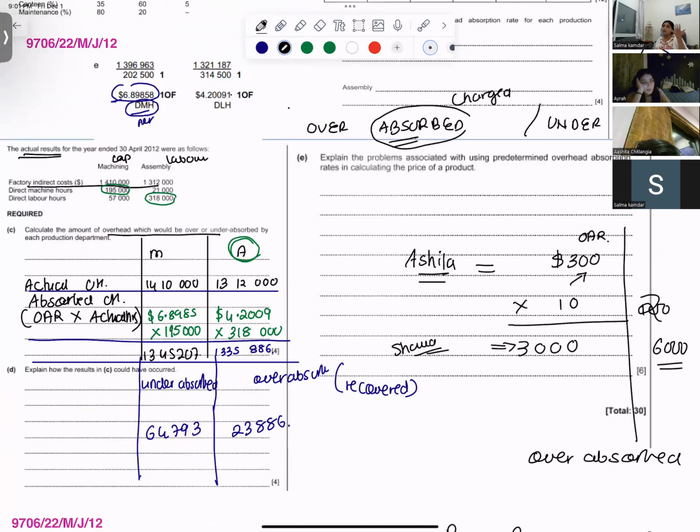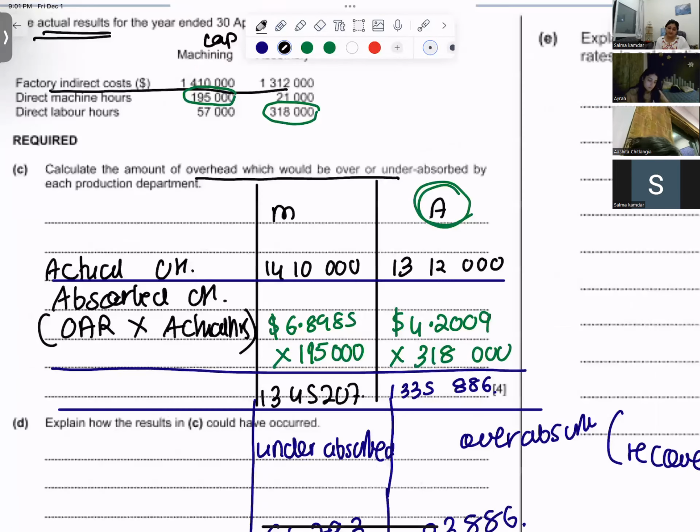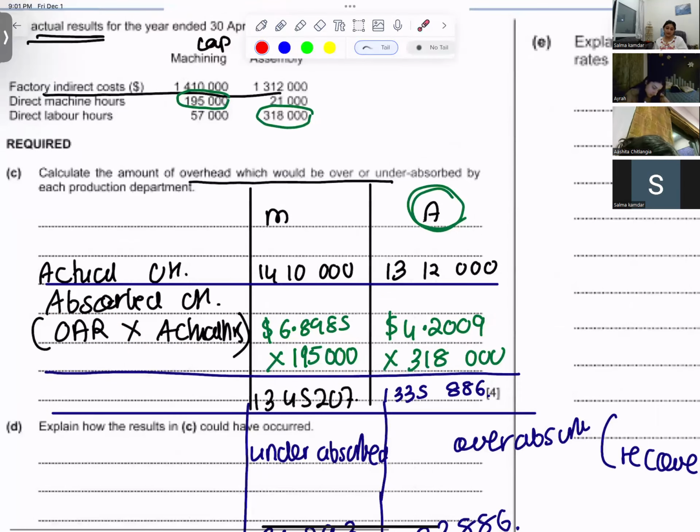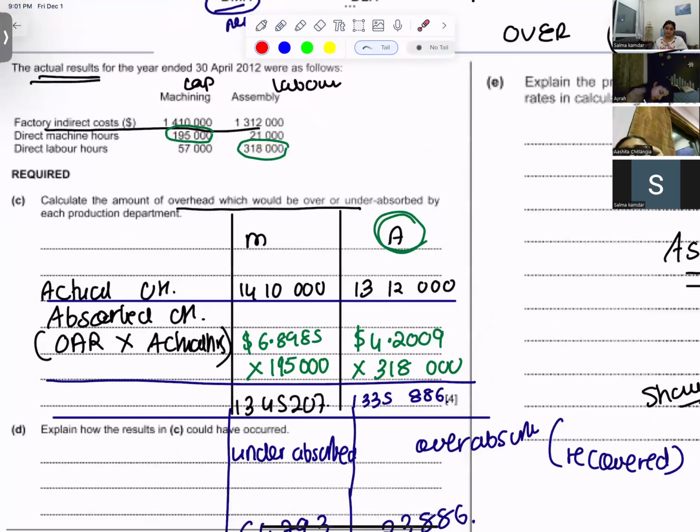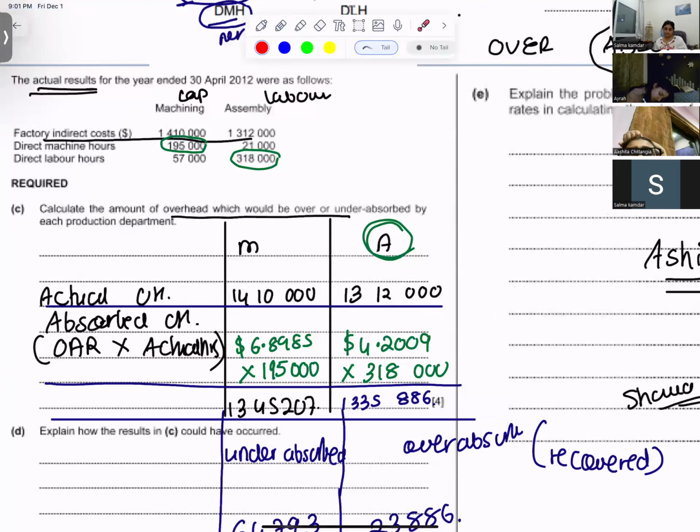The absorbed overhead. What did you recover? How will you know? You'll take the OAR and multiply it with the actual activity level, whatever intensive it is.